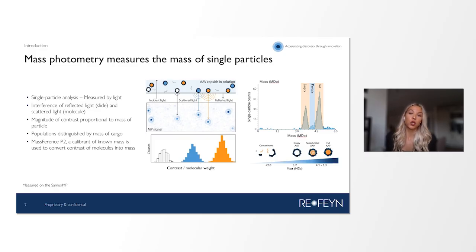To convert that contrast to mass, we need to use our calibrant, a mass reference of a known mass, and convert our measurement into mass. You end up with an output that looks like the plot on the right-hand side, where you can clearly distinguish different populations of AAVs, including empty, partial, and full capsids.